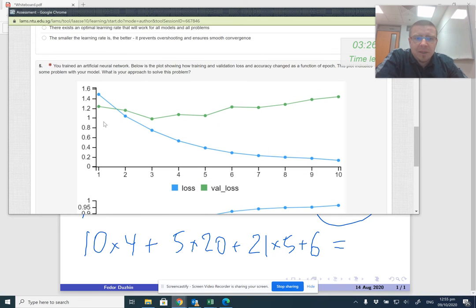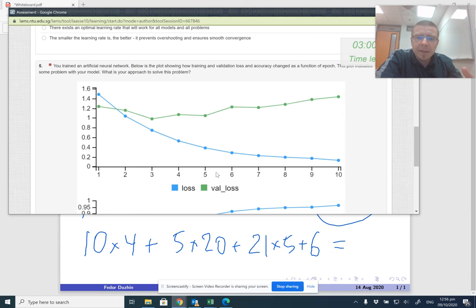Now let me explain what we see here. Looking at the loss function, we see that training loss always goes down, which is just as expected. By definition of gradient descent, it decreases the training loss. But validation loss can go down and then go up, and you see it goes down and then goes up.